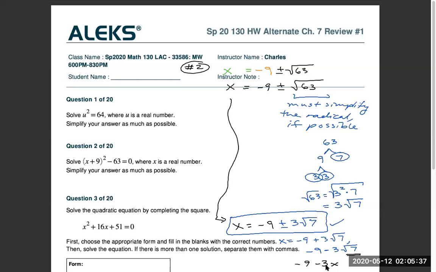Oh, okay, they're not the same. The 3 belongs to the square root of 7, it's one term, right? The -3 square root of 7. Yeah. Okay. Perfect.